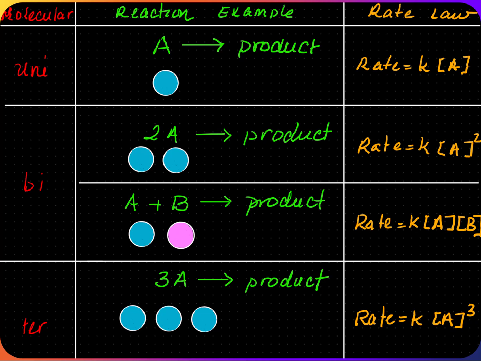We could also have A plus B, that is still 2 molecules, that yields a product. When I write the rate equation, rate is equal to k[A][B], and that represents 2 molecules. The coefficients of A and B are both 1, so the exponent is 1.